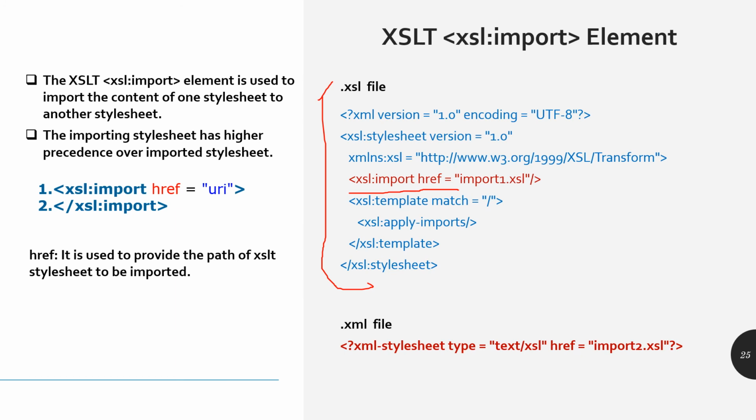So that file only you need to give as a href in the case of .xml file. So now import 2 is specified here. This is our .xml file. So this is an import element used in XML.